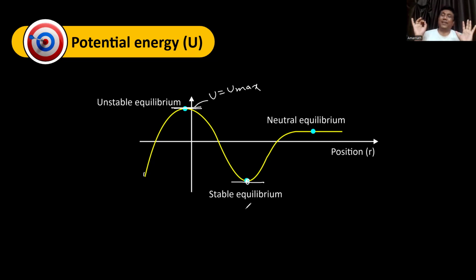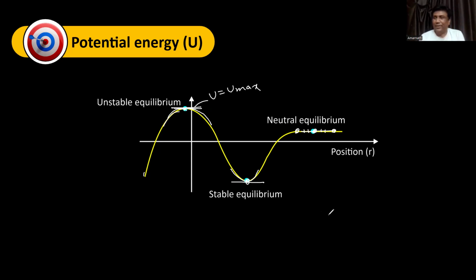And here again slope is 0 and force is 0, but it is called neutral equilibrium, because everywhere potential energy is the same, potential energy is constant. Here potential energy goes on increasing on both sides, and here potential energy goes on decreasing on both sides.